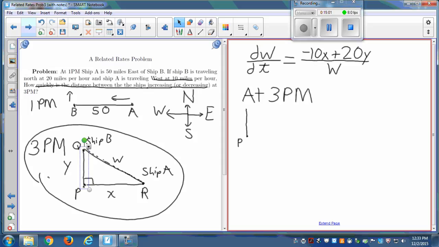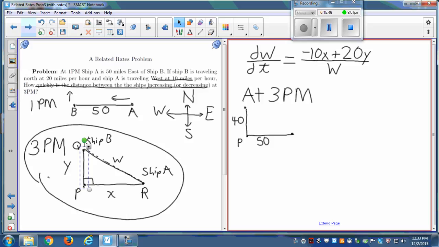Our ship B has been traveling north for 2 hours at 20 miles per hour. So that means we'll have a length of 40 here. All right, so that's our y. So we see that y is equal to 40. And over here, this length will be equal to, the ship B has been traveling west for 2 hours.